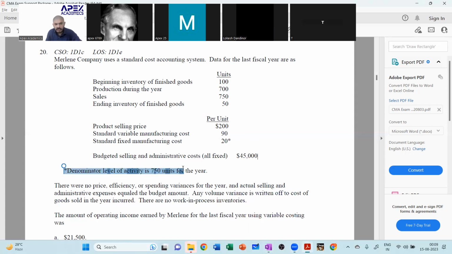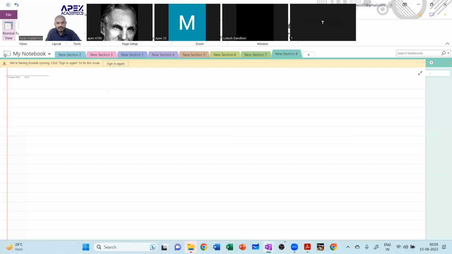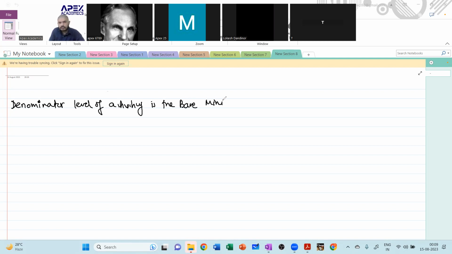The denominator level of activity is 750 units for the year. My dear friends, please understand. The denominator level of activity is what you are expected to produce.